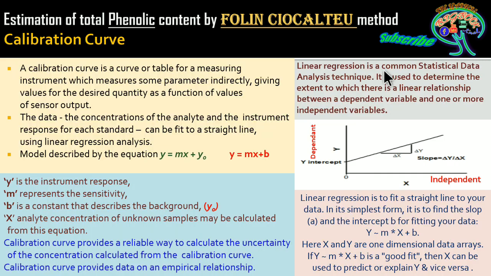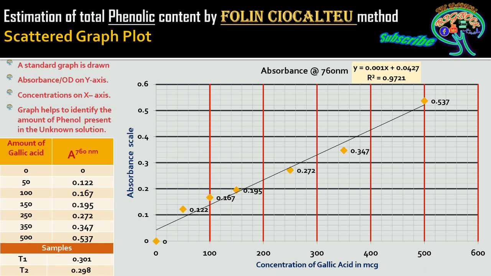Now in these lines we have discussed that x and y are one dimensional data arrays. If y is equal to mx plus b is a good fit, then we can calculate either the x explaining or predicting the y, or the y explaining or predicting the x, vice versa. So this is what the explanation on this slide is going to describe.